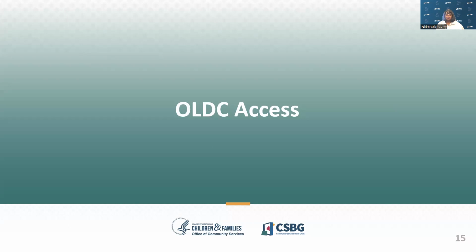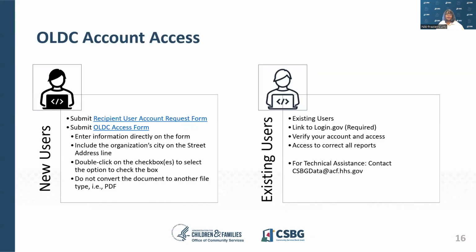Let's now review how to access OLDC. For new users, to gain access to OLDC via Grant Solutions, you must complete and submit the recipient user account request form. Along with that, you must submit your OLDC access form. You'll enter information directly on this form as it is a Word document.